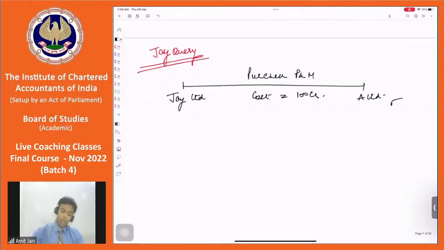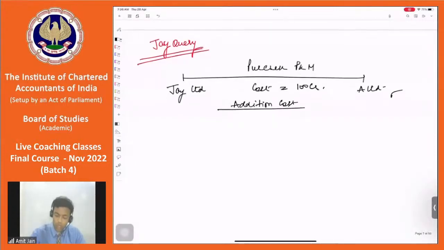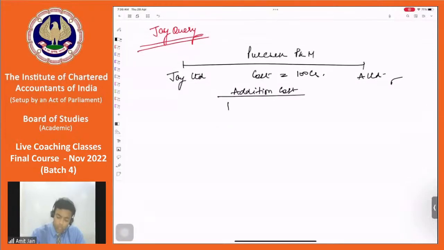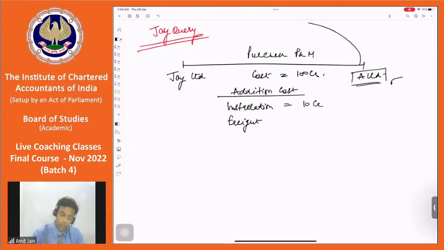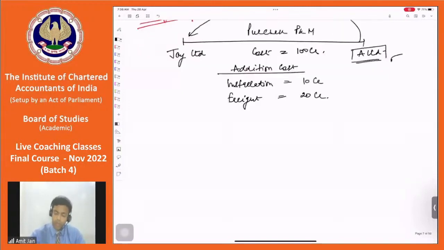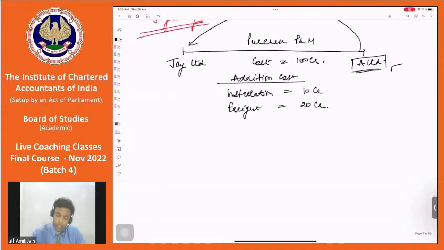Correct? Now, you have incurred additional cost. What is the additional cost? Installation cost, 10 crores. Freight cost. Freight in the sense from the premises of A Limited to the premises of J Limited. That is a freight cost, 20 crore rupees. Right? There are certain taxes which you are paying, let's say 5 crore rupees.